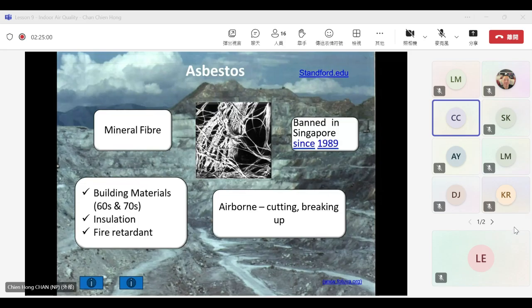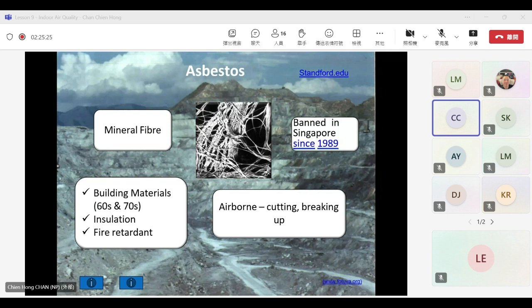So we need to wrap the pipes and the ducts with layers of insulation materials to prevent condensation at the exterior surface of these ducts and pipes, and also to conserve the cooling inside the pipes and the ducts.